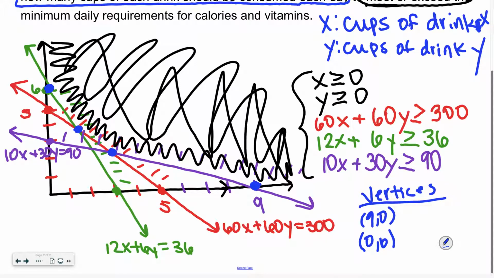Figure out what pod number you're in. If you're in pod 1, 2, or 3, I would like you to work together to solve for this coordinate, the intersection of the purple and the red. If you're in pods 4, 5, or 6, I'd like you to solve for this intersection, the intersection of the green and the red.